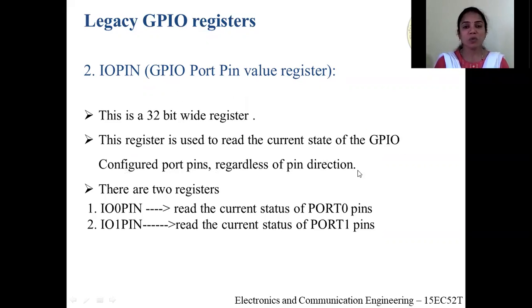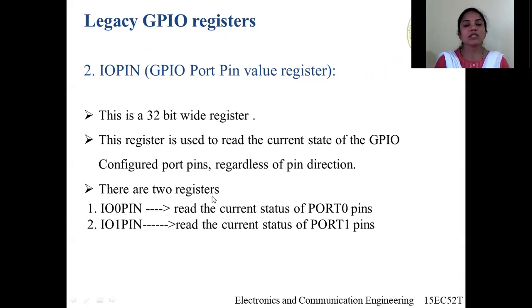It can be an input pin or output pin. What is the current state of the pin is read by using the IOPIN register. Whether it is an input pin or output pin, what is the value on the corresponding pin, whether it is set to 0 or set to 1, all that is read by the IOPIN register of GPIO.